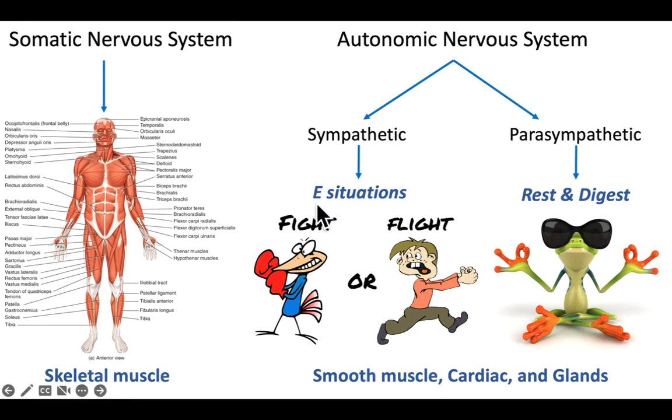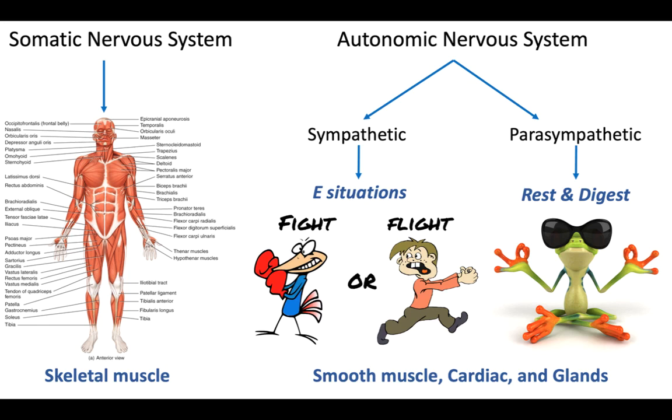We often call these E situations. So the E stands for energy. So situations that require you to have energy. Emergency situations. Exercise. So exercising, your body is in a sympathetic state. Embarrassment, excitement.